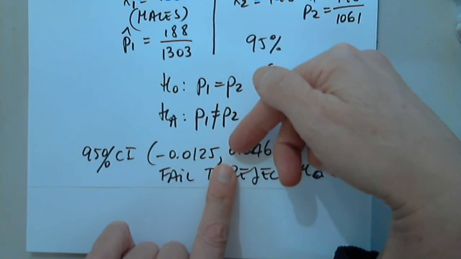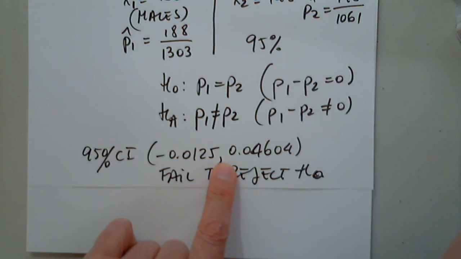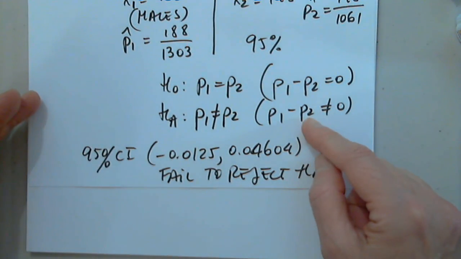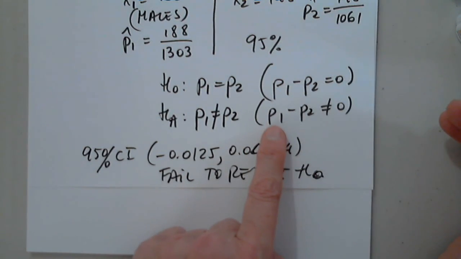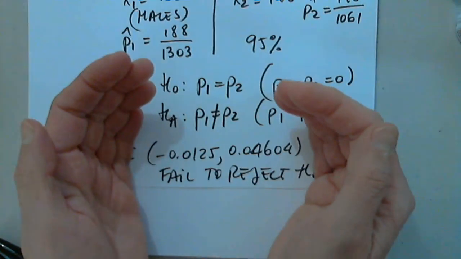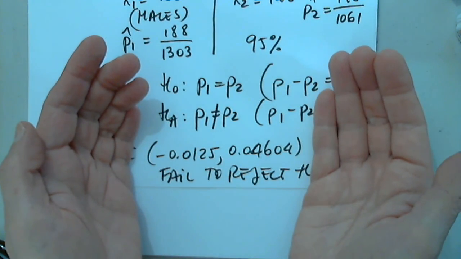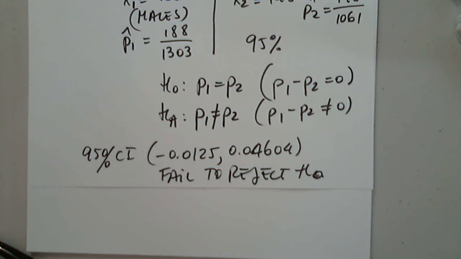Because 0 is in the interval, I cannot conclude which one is higher. If the entire interval is negative, then I know p2 is higher. If the entire interval is positive, then I know p1 is higher. But now I'm lost because I have negative and positive values. I don't know which one is higher, so I cannot reject this. Okay, that makes sense. Thank you.